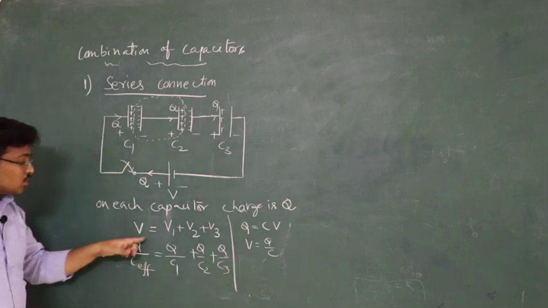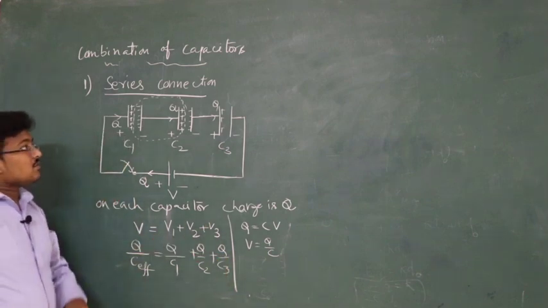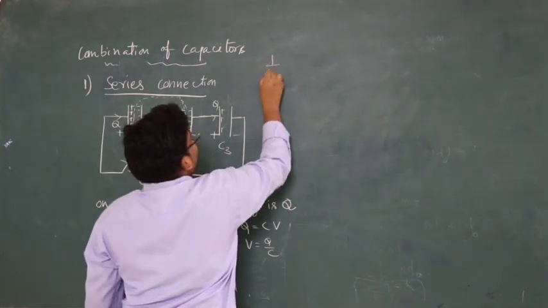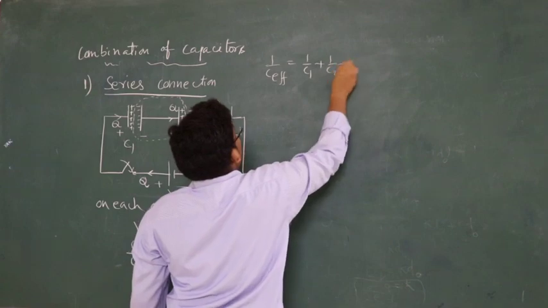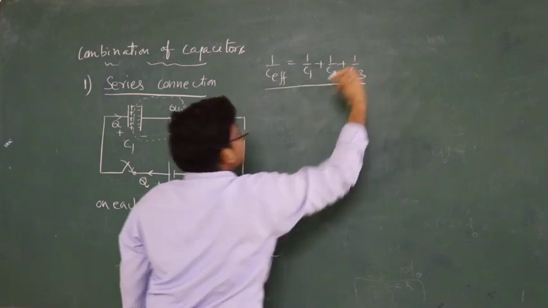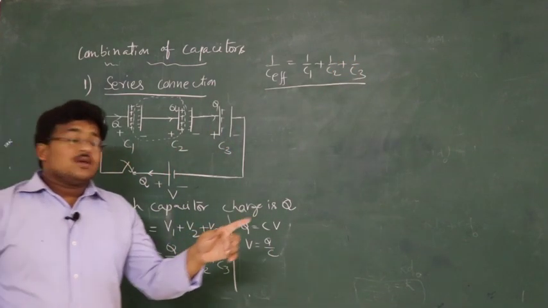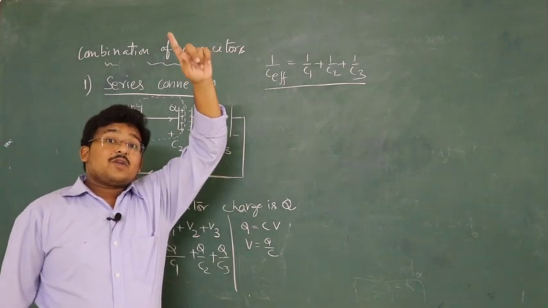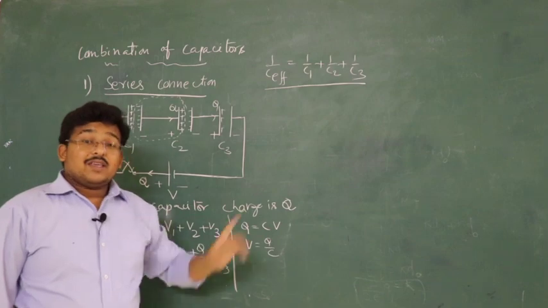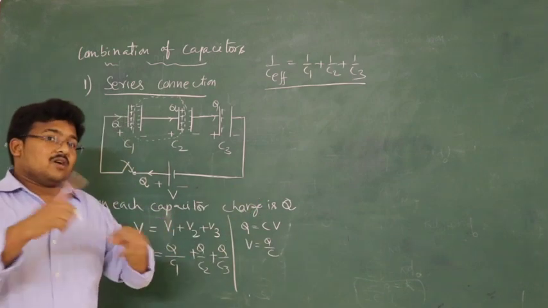As we cancel Q, what value will we get? So 1 by C effective is equal to 1 by C1 plus 1 by C2 plus 1 by C3. I think this is the same type of formula you got in current electricity for parallel resistors. Here in series capacitors, it is the opposite.